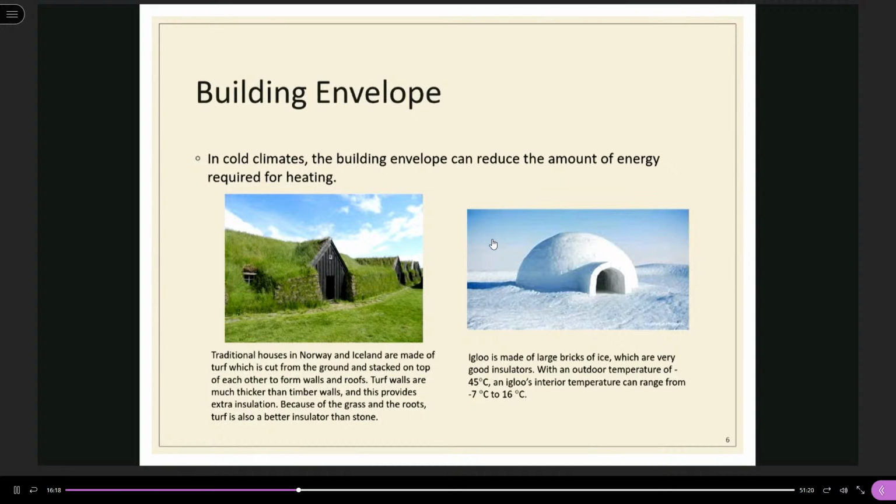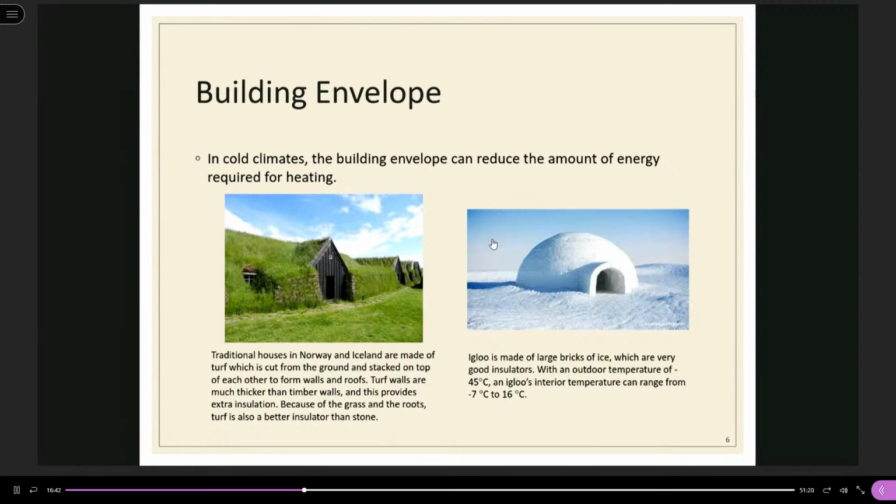Okay, on the left-hand side, these are traditional houses in Norway and Iceland, and they are made of turf, so some kind of mud, soil, which is cut from the ground and stacked on top of each other to form walls and roofs. So this is not just a door.